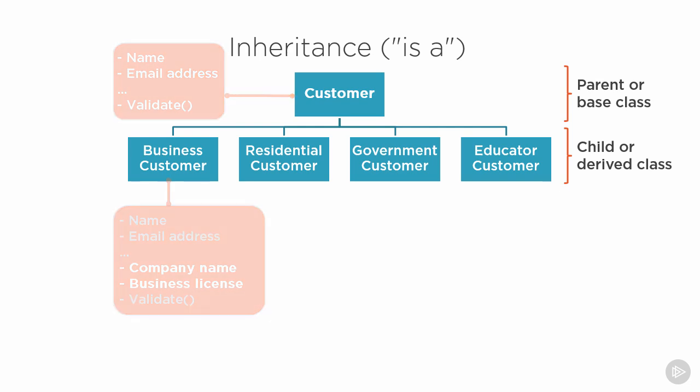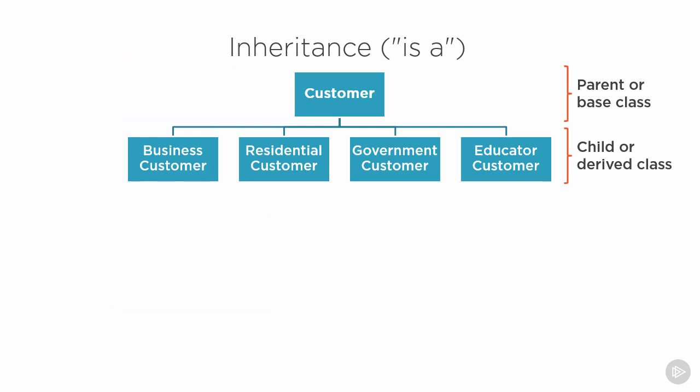the parent class. Each class in a lower branch of the hierarchy has an ISA relationship to the class above it in the hierarchy. So a business customer is a customer and inherits all of the properties and behaviors defined for the customer. A residential customer is a customer, and so on.